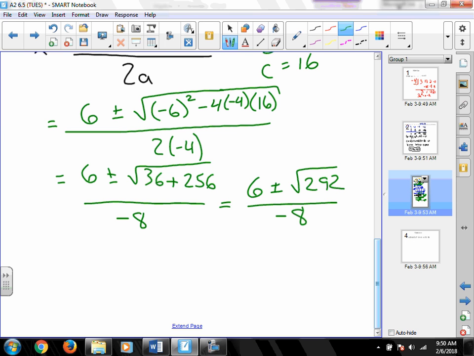And what's the square root of 292 roughly? About 17.08.